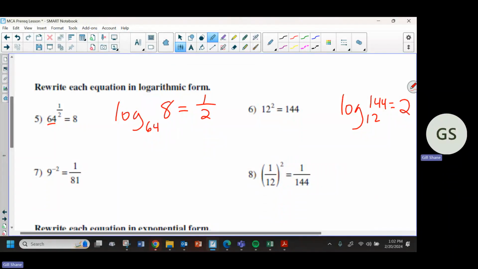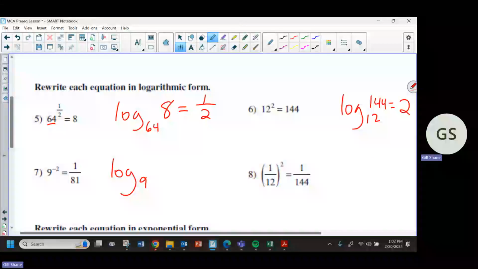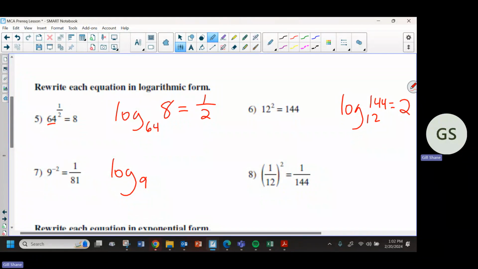What about down here? So the base is 9, right? Again, base is always the base. And then the exponent's the easy part. It's called the power. Now, I would think of this as the power because that's the answer.